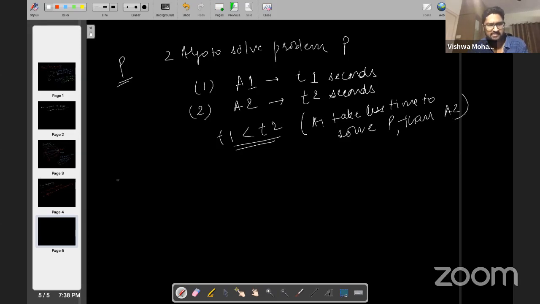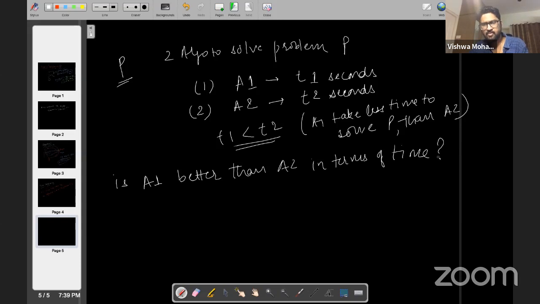So my question to you is: is A1 better than A2 in terms of time? Is it clear? You have been given a problem P, and to solve this problem I have two algorithms, A1 and A2.